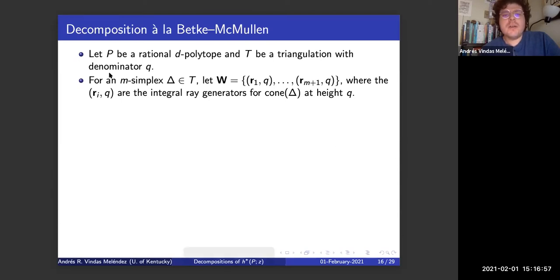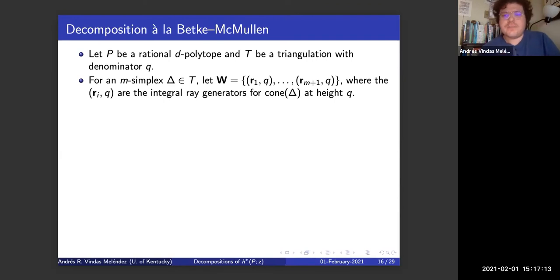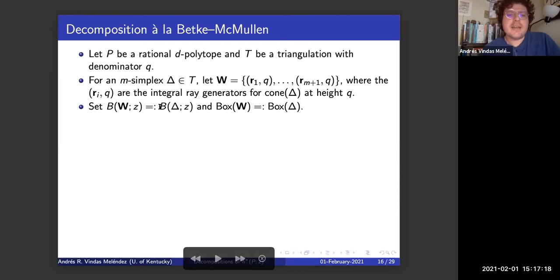And so for an M simplex, I'm going to let W be the set of integral ray generators at height Q. Okay, so we make that distinction now that we're raising those integral ray generators at height Q. Okay, and so just some notation, when I say the box or the box polynomial of a simplex, I'm really taking the box polynomial or the box of those ray generators. And so hopefully when you see this notation, it's clear that that's what I mean.